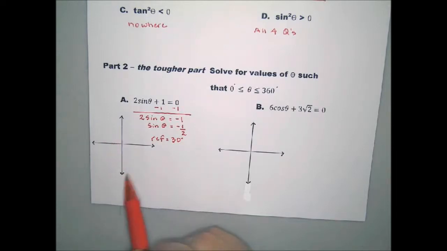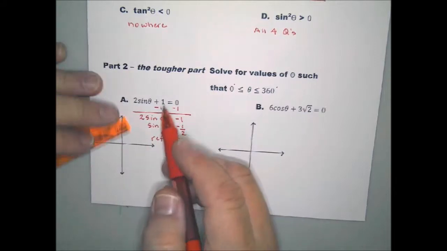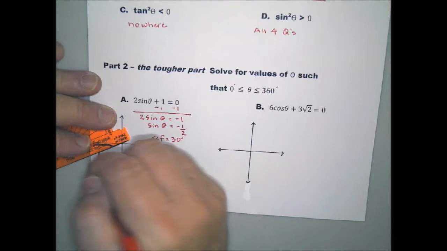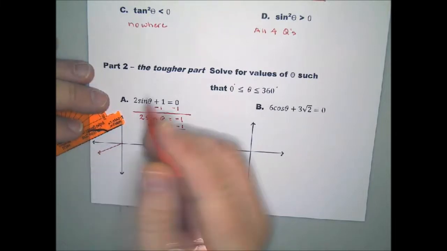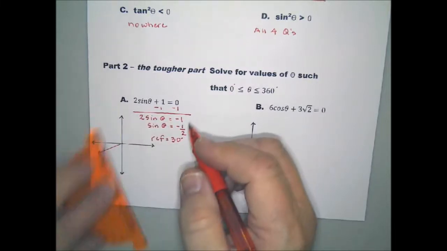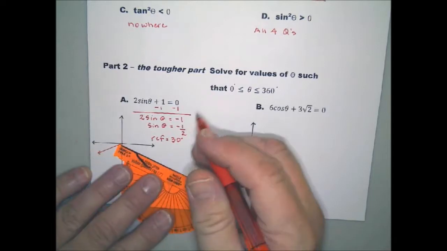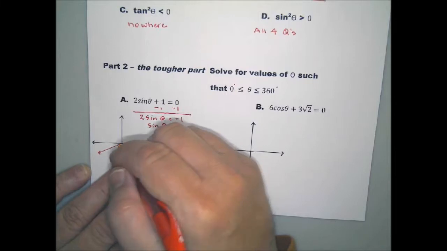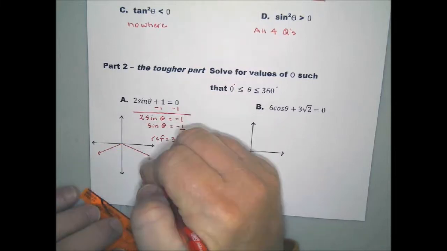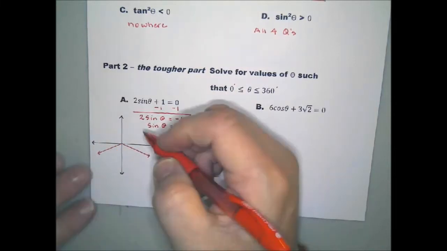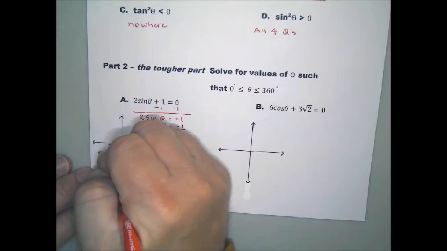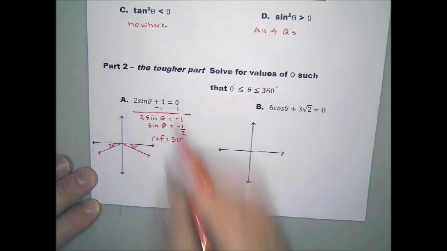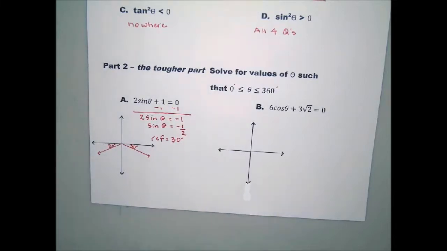So I'm going to make a 30-degree terminating ray right here. And I'm going to make a 30-degree terminating ray right here. Remember, the terminating rays, or the reference angles, are always off the horizontal. So this is 30 degrees right there, and that's 30 degrees right there.